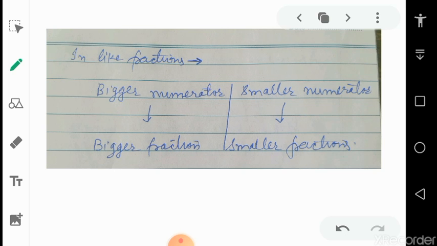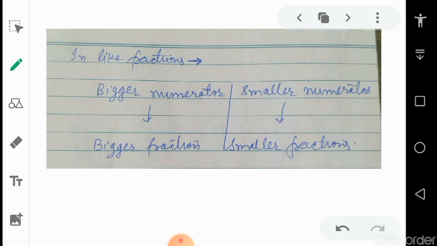If the denominators are the same as we are doing in these questions, then the bigger numerator tells the bigger fraction and the smaller numerator tells the smaller fraction. Okay, listen again. If in 2, 3 or 4 fractions the denominators are the same, then the numerator will be used to decide which fraction is bigger or which is smaller.